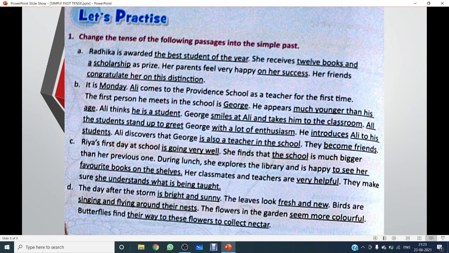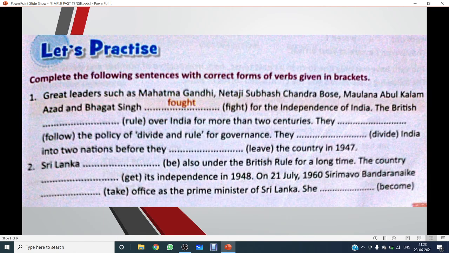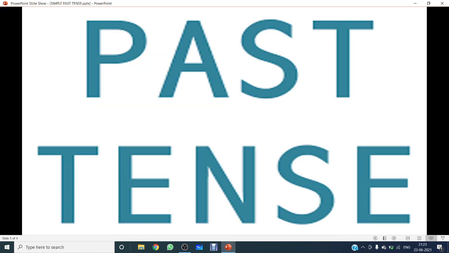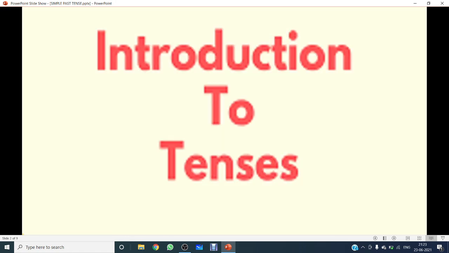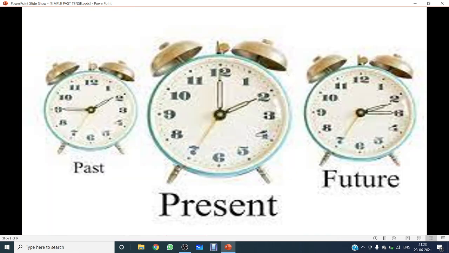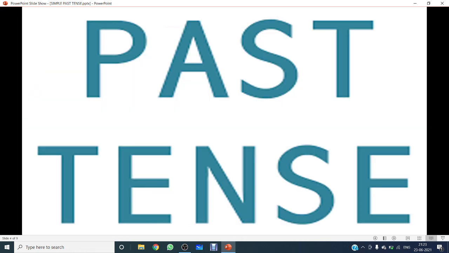So these are the two exercises which we are going to solve today, children. I hope you all have understood. Now let's just go for a recapitulation of the things we have done today. We have introduced ourselves to what is tense, what tense means to us in grammar, the three kinds of tenses, that is the present, past and future.